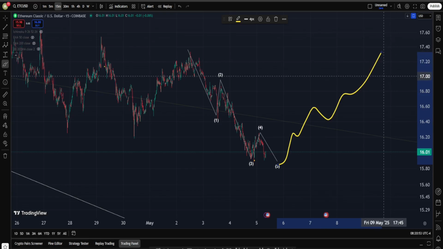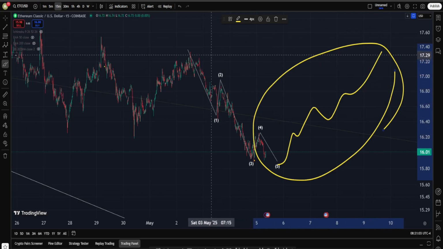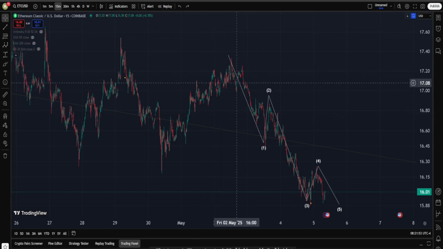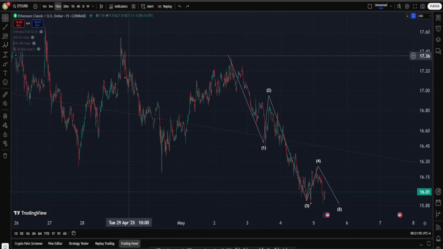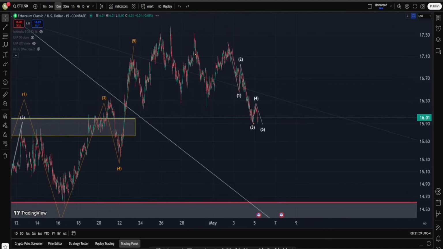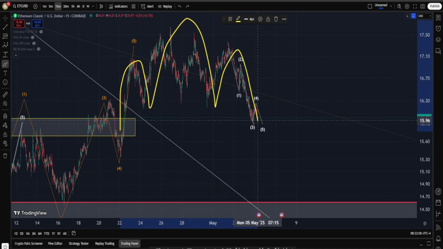Now, I need this move to be very strong and rather sharp, without a whole lot of overlapping of the waves, in order to especially take this high and also this one, about, let's say, $17.50. Now the question is, why is taking these highs so important? Because if I zoom out a bit more, I believe we can now argue that we may have in here a rather nice and beautiful head and shoulders structure.